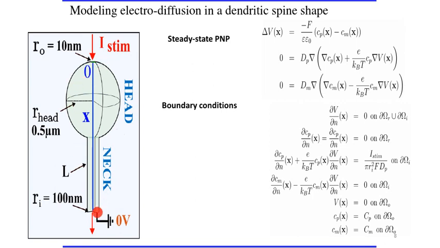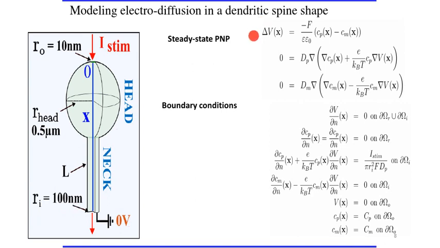Then we can always ground the voltage here to 0 because the voltage is defined up to a constant, so it's always possible to add or to subtract any constant of interest. Actually, we are interested in the difference of potential between 2 points, so any constant here will disappear in this process. So the radius of the neck is about 100 nanometer.